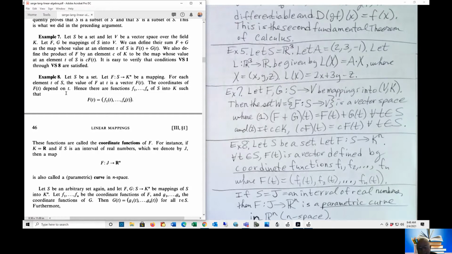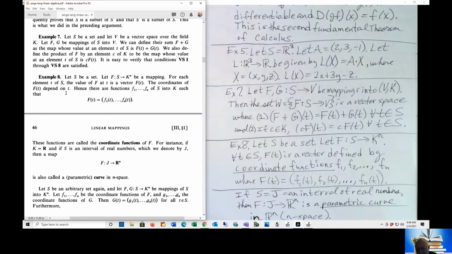Now, for every element t in S, f of t, the image of t, is a vector in Kn, but it can be defined by its coordinate functions, f sub 1, f sub 2, through f sub n, where capital F of t is the ordered n-tuple whose coordinates are f sub 1 of t, comma, f sub 2 of t, through f sub n of t.